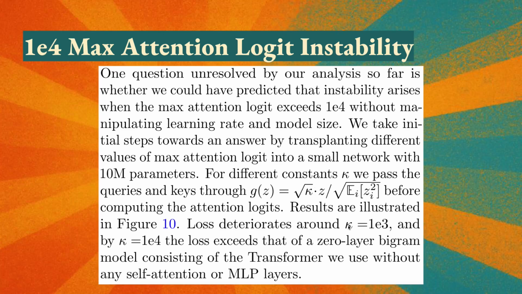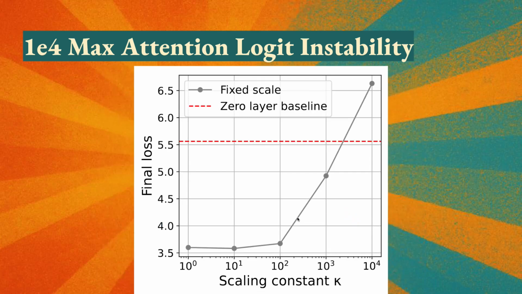Loss deteriorates around kappa of 1,000. And by kappa of 10,000, the loss exceeds that of a 0-layer bigram model, consisting of the transformer we use without any self-attention or MLP layers. So here is their ablation. They scale this constant kappa.